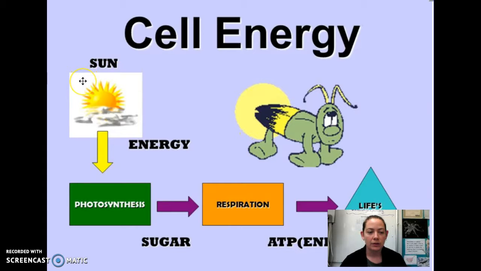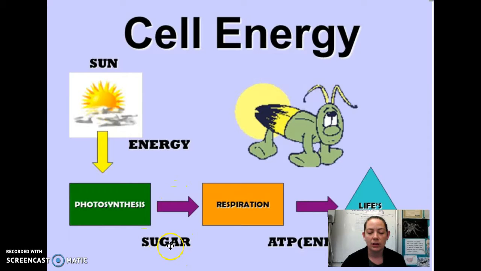So we've learned already that all of Earth's living organisms originally get their energy from the sun, and special cool things called plants take the sun's energy, and during the process of photosynthesis, they turn that solar energy into stored chemical energy in sugar.